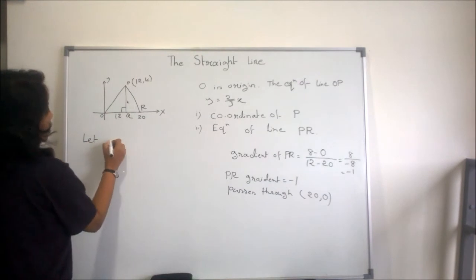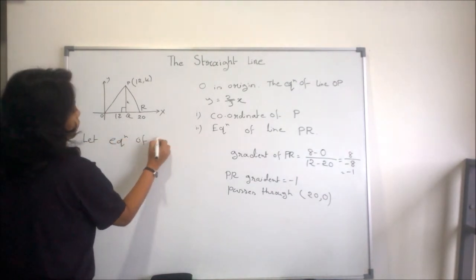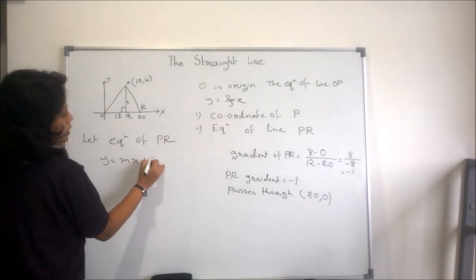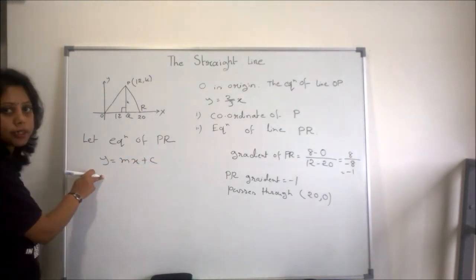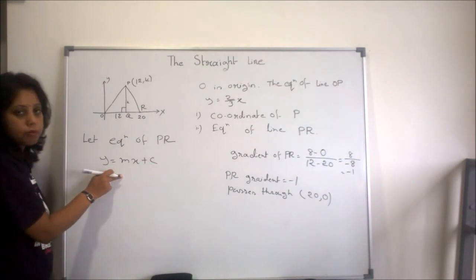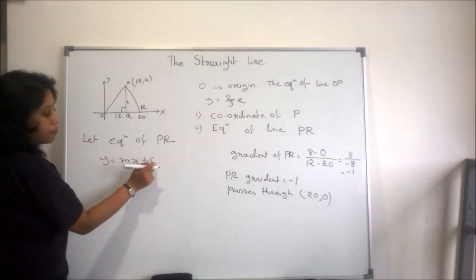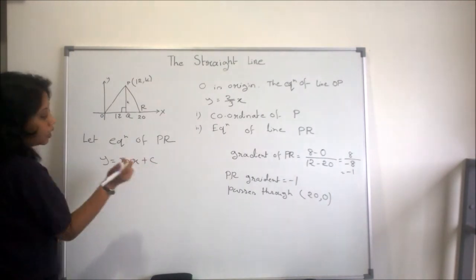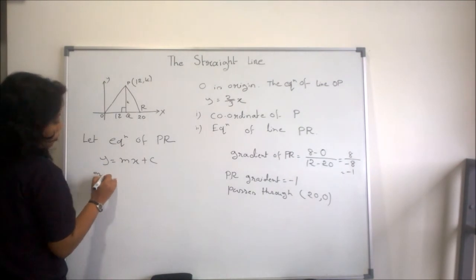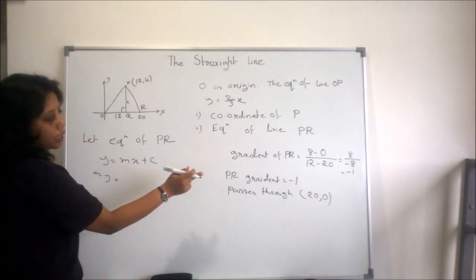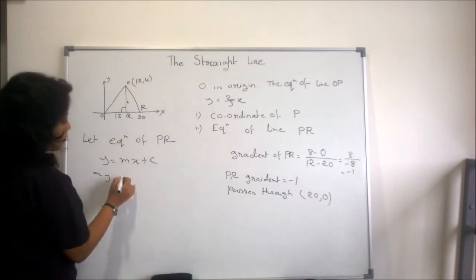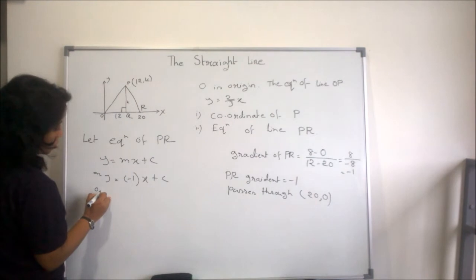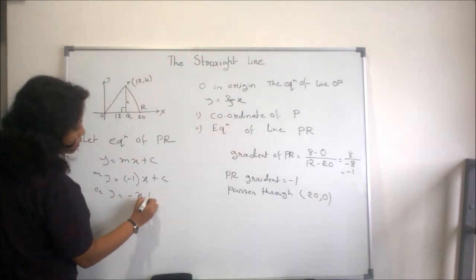Let the equation of PR be y is equal to mx plus c. You know the general form of the equation of a straight line is y is equal to mx plus c, where m is the gradient and c is the y-intercept. So here m we know, already we have found out m is -1. So y is equal to -x plus c.